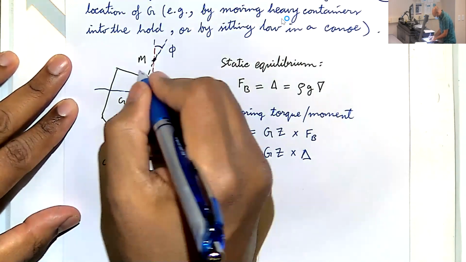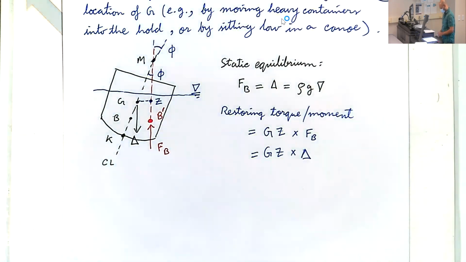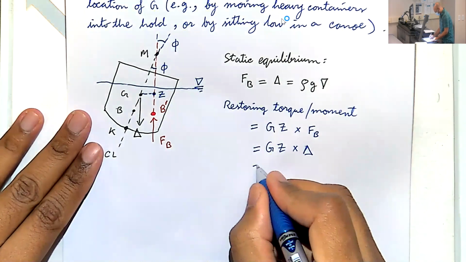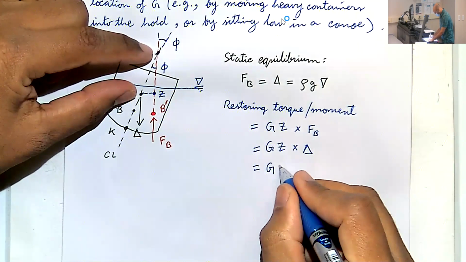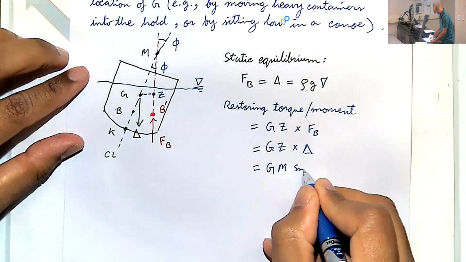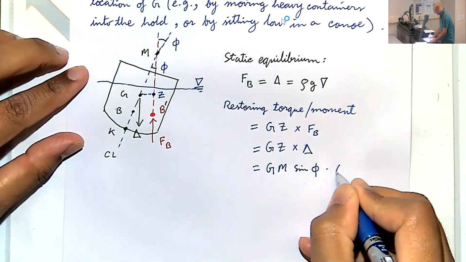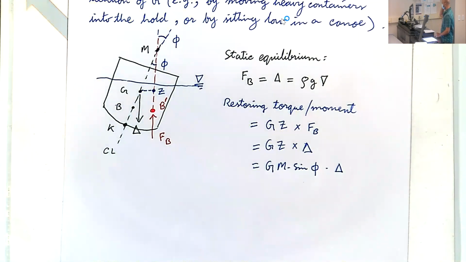All right, so we know this angle is also phi. And knowing that, we can say this is equal to GM times sine phi times delta. So that's the restoring torque that we get.